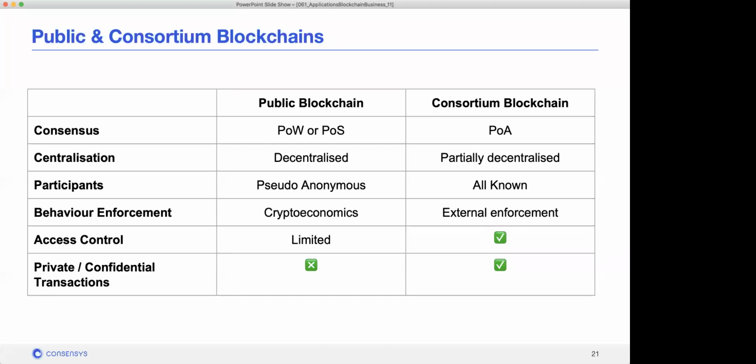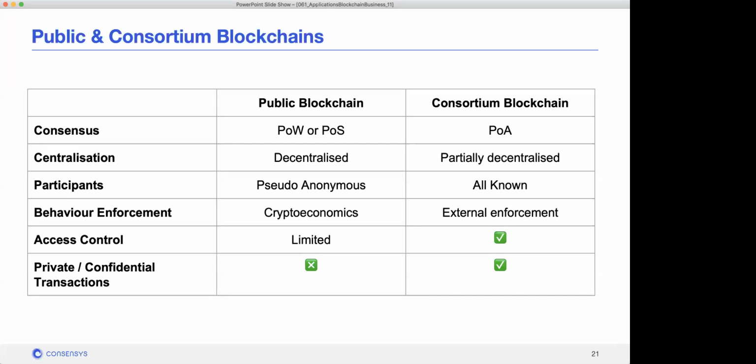For centralization, normally public blockchains are completely decentralized. Saying that, if you only had one node doing the mining, you'd have a centralization point. So public blockchains have the opportunity to be decentralized, but it really comes down to the particular blockchain as to whether it really is.